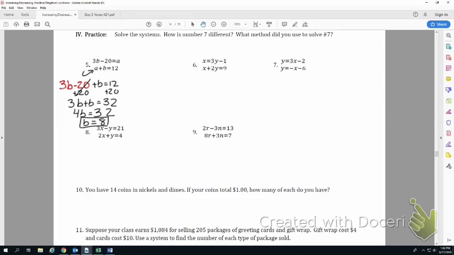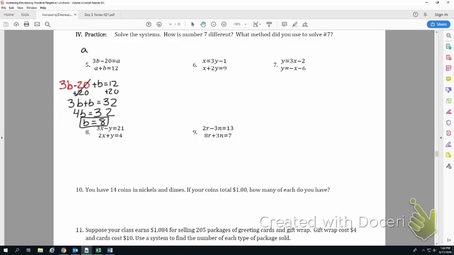One reason I like substitution is whenever you have to find the second variable, even if I had to do work to get here, let's say the original equation was this, and I just subtracted 20 over to get that, then I have an equation that's already set up for me to just plug it in and figure it out. I don't have to move stuff around.